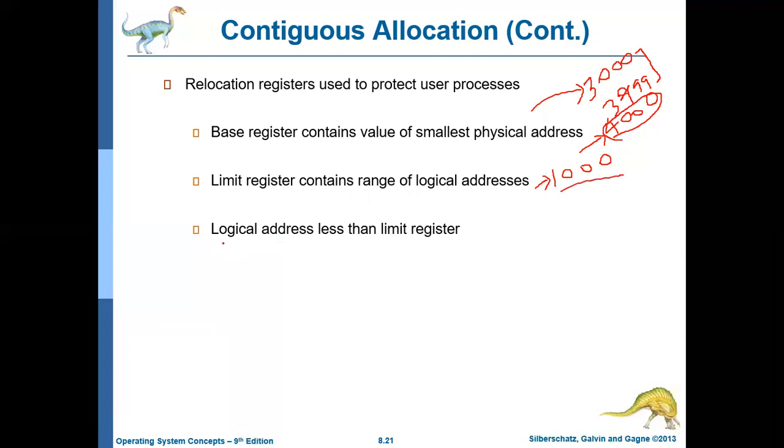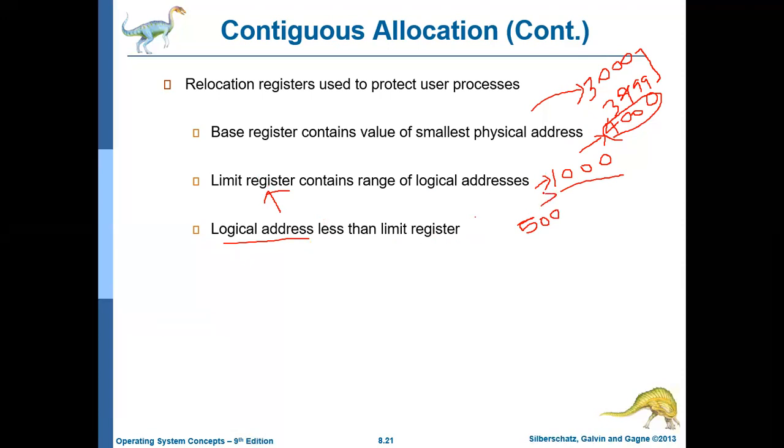Now the CPU will give a logical address and say that I want to access this location. The memory hardware will check whether the logical address given by the CPU is less than the limit register value or not. Say the CPU says that I want to access memory location 500. Then the memory hardware will check whether it is less than the content of the limit register.